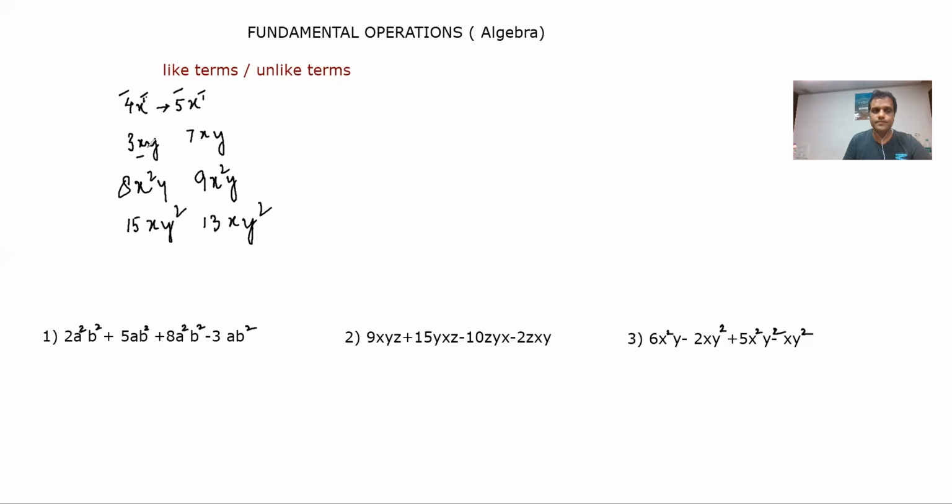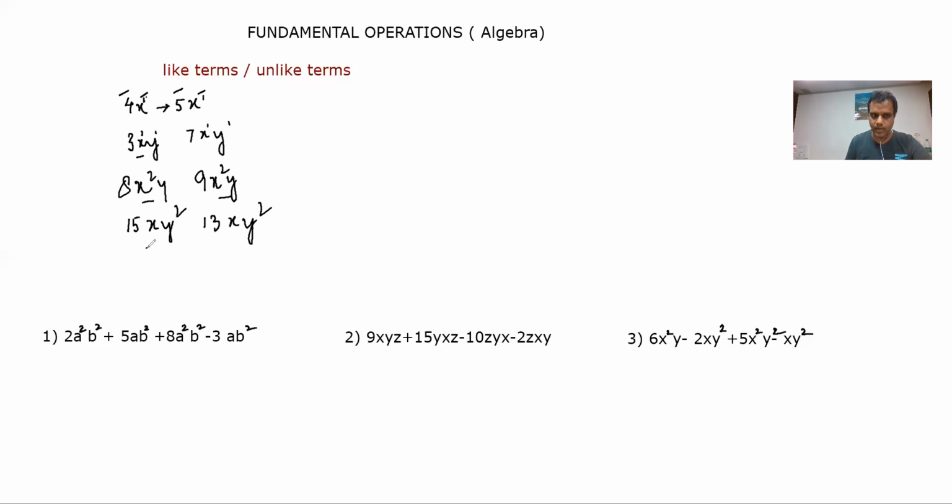Let's see the second one. 3xy, 7xy. xy, xy same, their powers are also same, 1 and 1. Let's see this one, x square y: variable x, power 2, variable x, power 2, variable y, power 1, variable y, power 1.